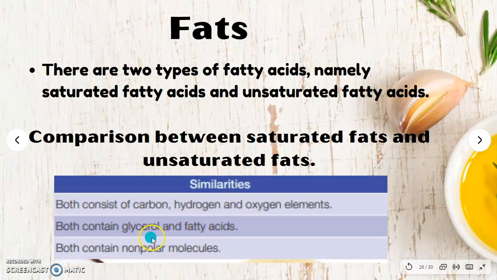Third, both contain non-polar molecules. Non-polar molecules refer to uncharged molecules. That is the similarities between saturated fat and unsaturated fat.